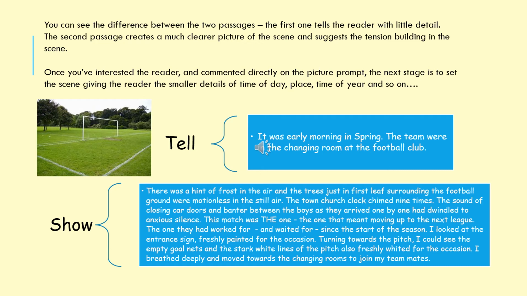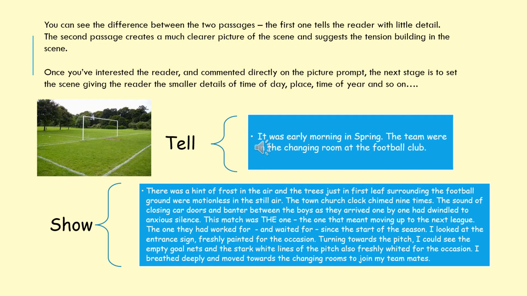So, for example, if you look at the show passage, the hint of frost is in the air, suggesting cold, and spring is suggested by the trees just being in their first leaf. We know the time by listening to the church clock chiming, and then we also get the sound of the car doors banging as the boys arrive for the football match.